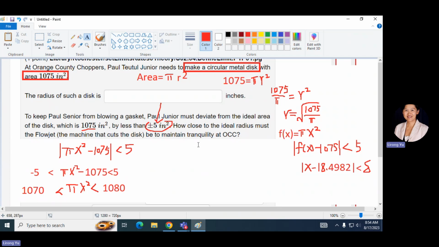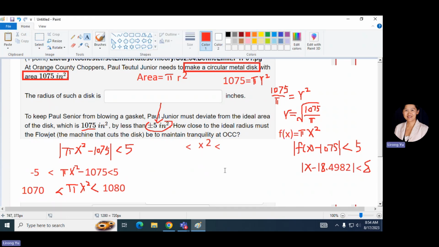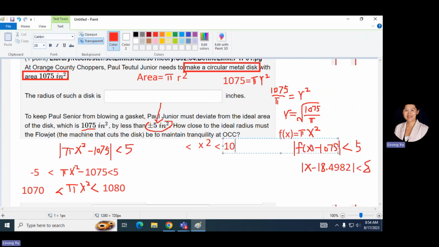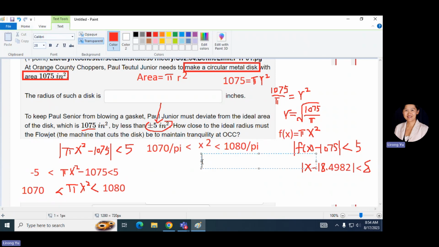So the first step is to get x squared by itself. You have to divide them all by pi. So on this side, you have 1080 divided by pi. On the other side, you have 1070 over pi. And then we want to have x.